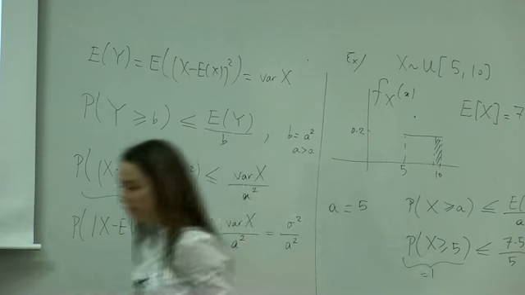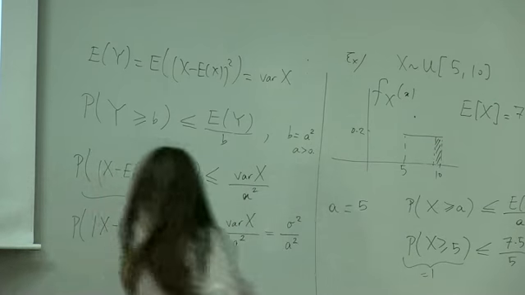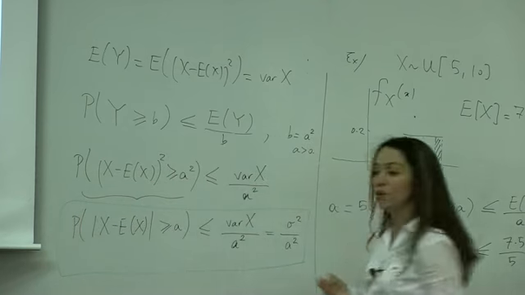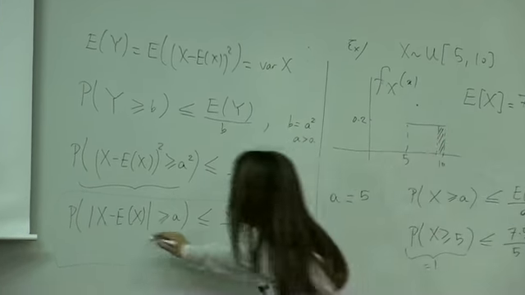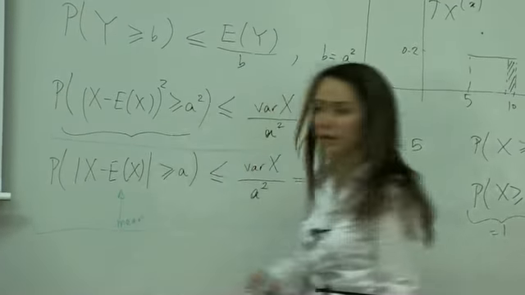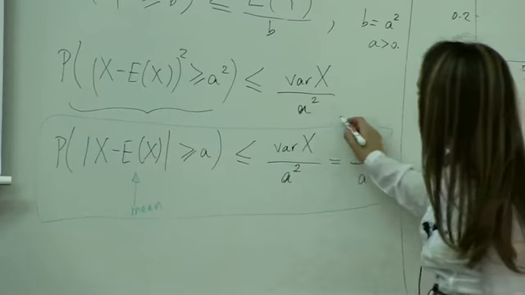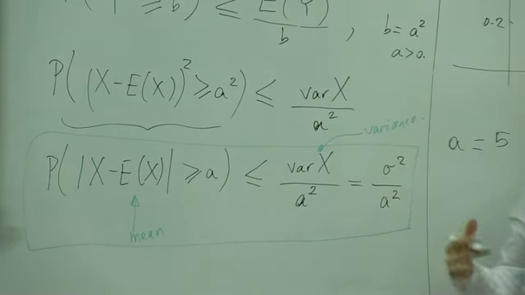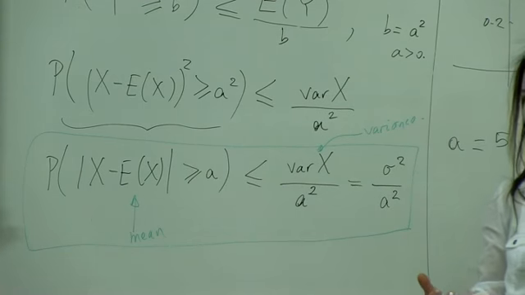This is called Chebyshev's inequality. It's a very useful inequality that uses, in addition to the mean of the random variable x, also the variance. So I expect this to be stronger than the Markov inequality.